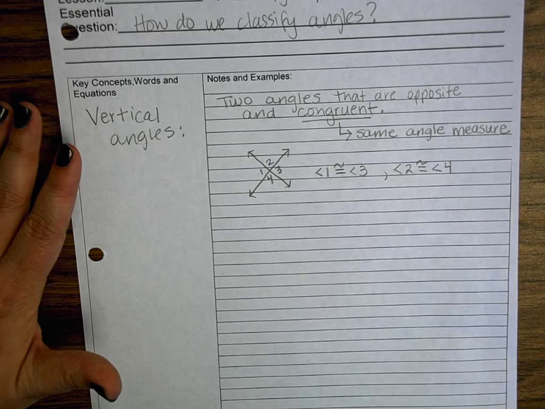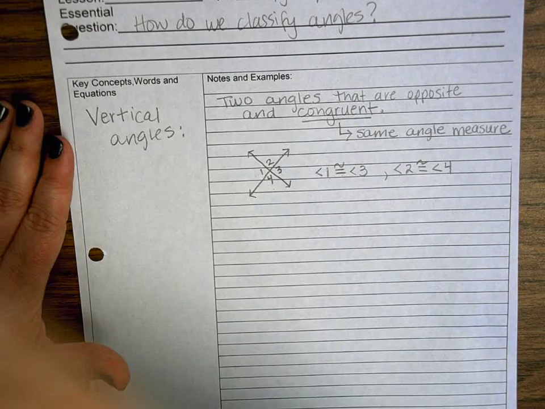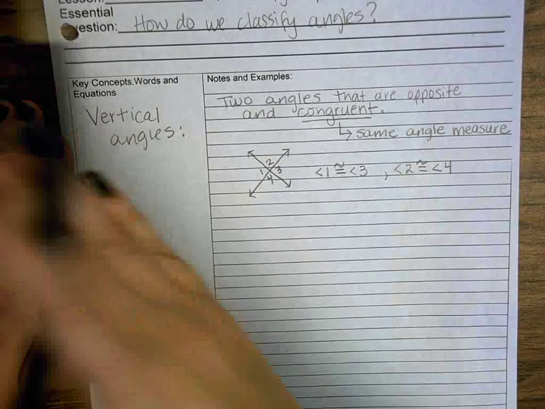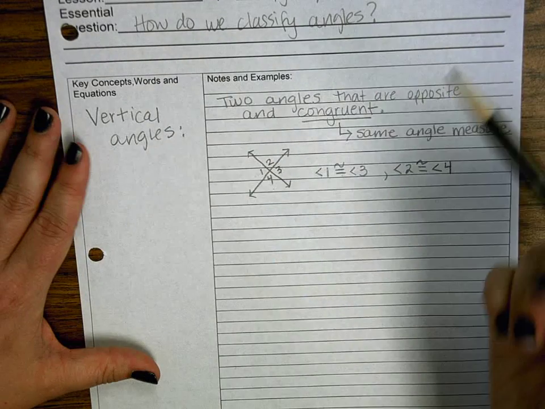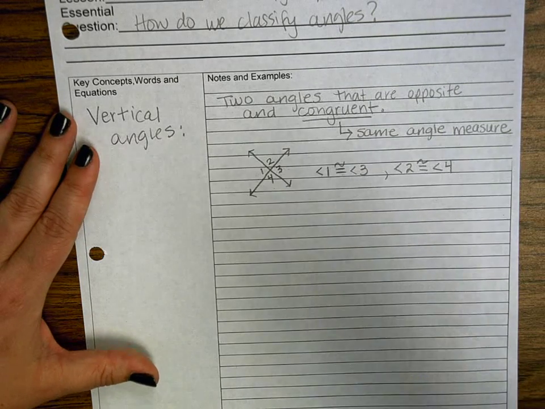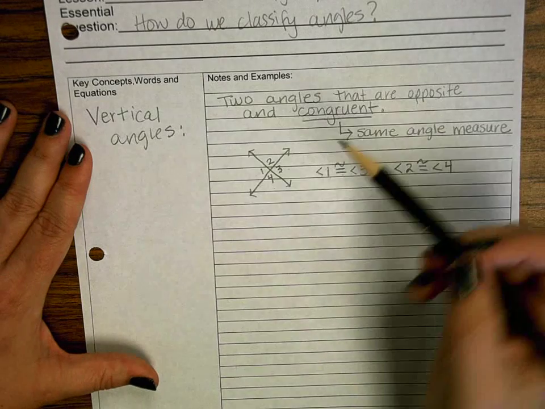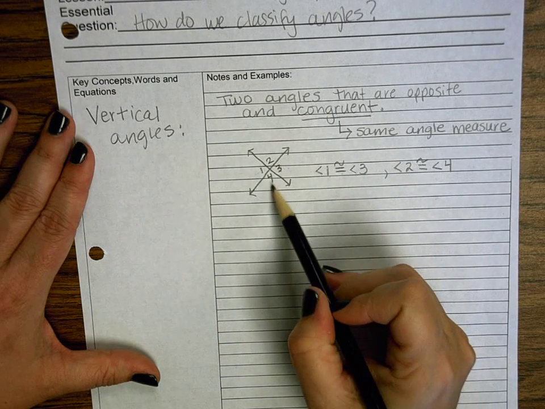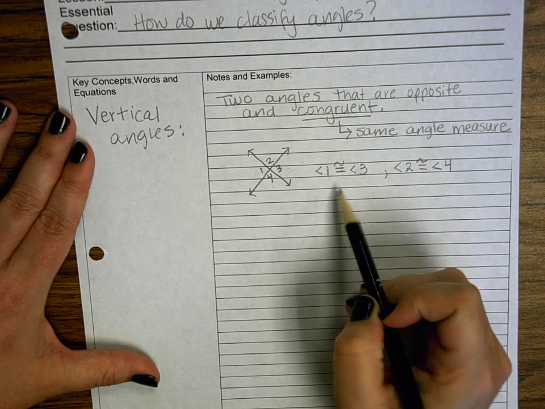Good. Vertical is going up and down. Horizontal is flat, like the horizon. Even though 1 and 3 are not straight up and down, we could rotate it and then they could be. Just think, directly across, opposite, and they have to be equal.